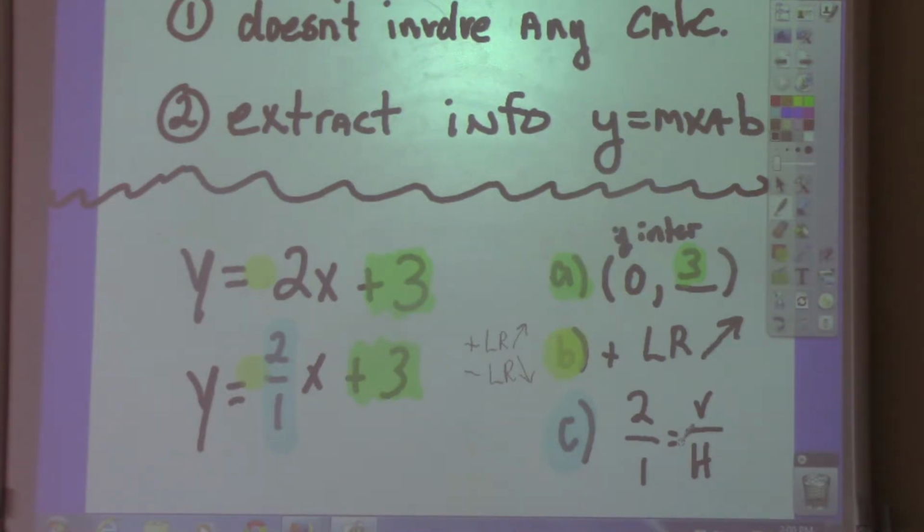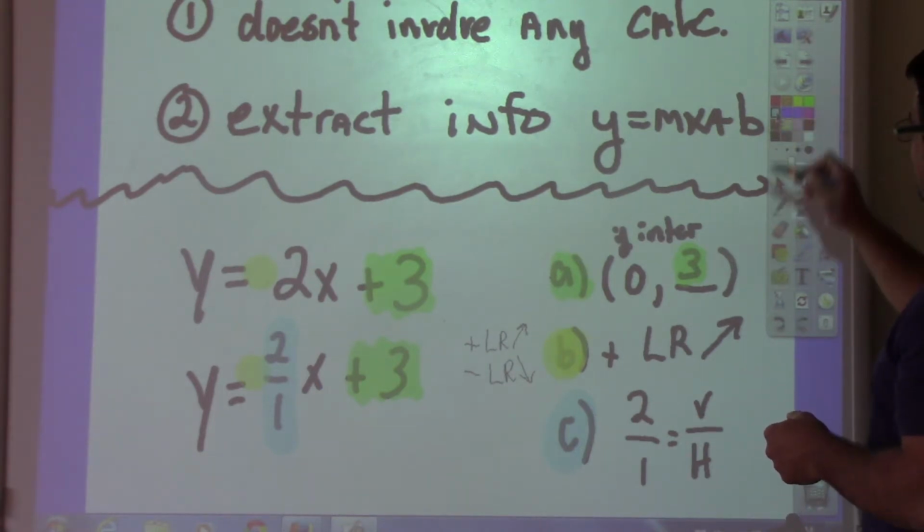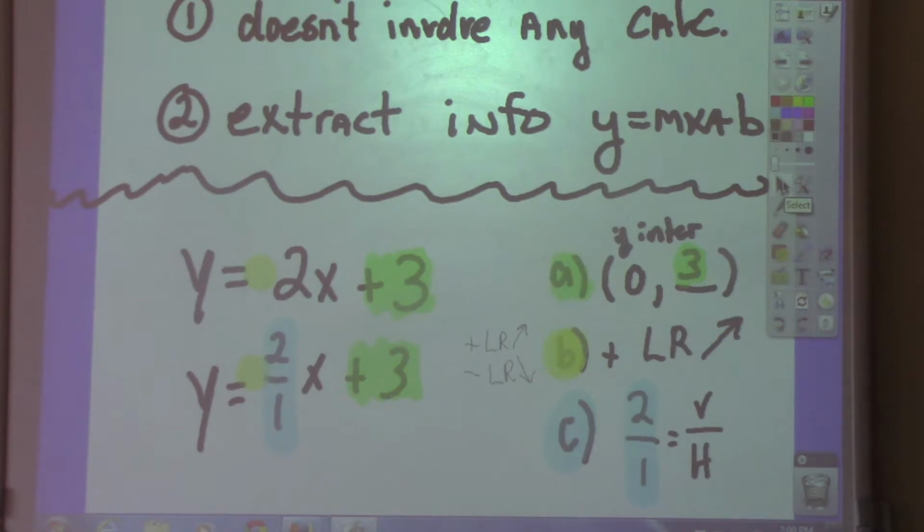And that's it. You see why people like it? People like it because you don't have to calculate anything. All you have to do is look at the problem and extract the coordinates that you need and what the line is doing.